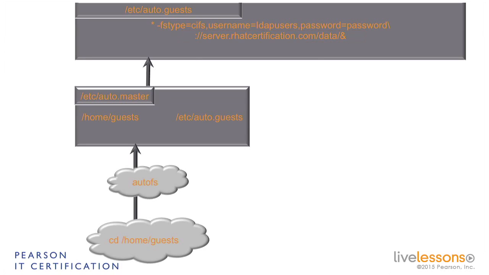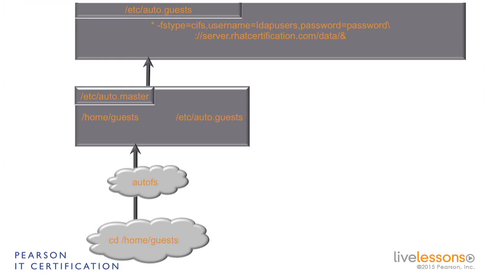server.rhett-certification.com:/data/&. The idea of what is happening in auto.guests is about asterisk and ampersand. Asterisk and ampersand are the matching items. So what does it mean? Well, it means that if someone needs access to /home/guests/ldapuser1, asterisk is substituted with ldapuser1, and the matching item is looked for on the server, which is in /data/ldapuser1 in this example.